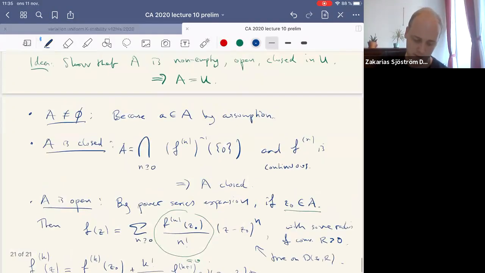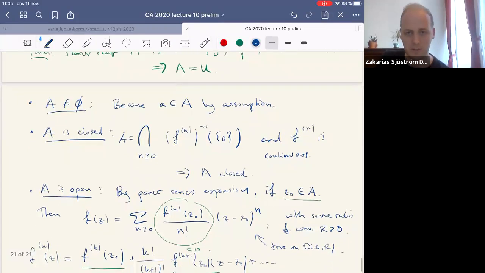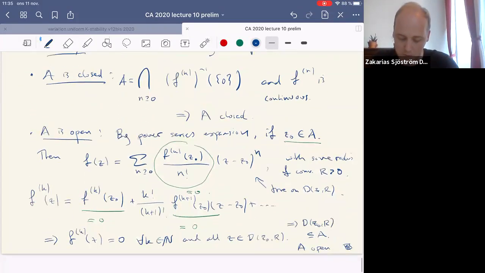And then to repeat, since A is non-empty, open, and closed in U, by topology we have no other choice than saying that A is actually equal to U.